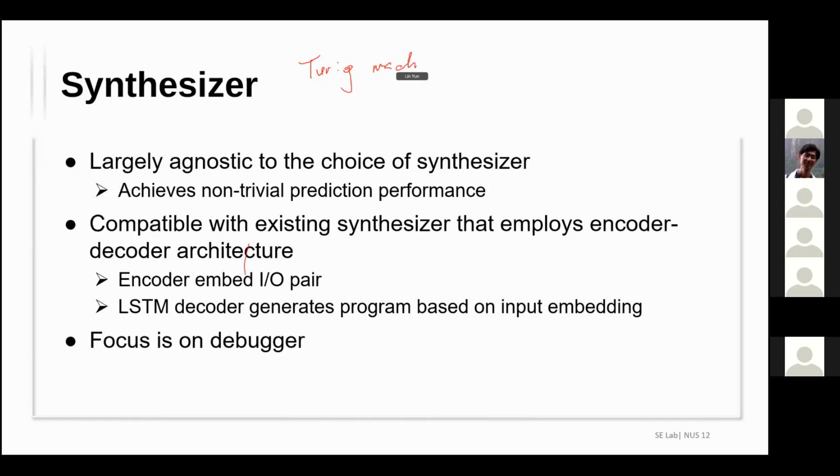A Turing machine basically means a state machine, indicating what the states are, what the initial state is, what the transitions are, what the vocabulary is, and so on. So we have a set of tuples there. What Java and Python carry out are all Turing machines.